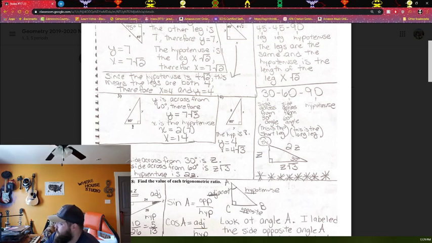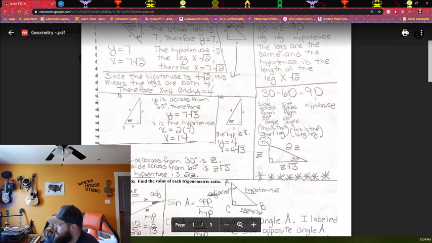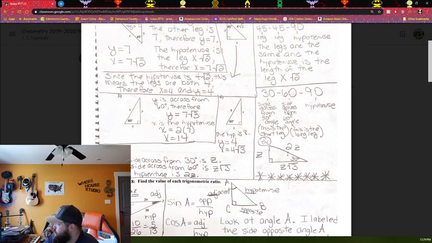That is because our long leg is going to be our short leg times radical 3, so that's 7 radical 3. x is the hypotenuse. Our hypotenuse says we're going to multiply 2 by the short leg. So x equals 2 times 7, which is our short leg, which gives us 14. Okay? So that's a 30, 60, 90, knowing the short leg.